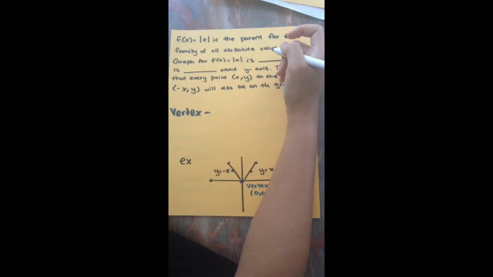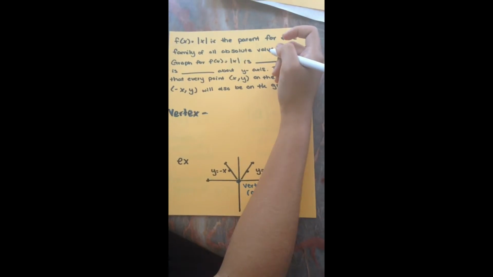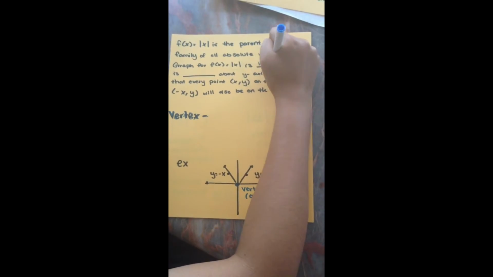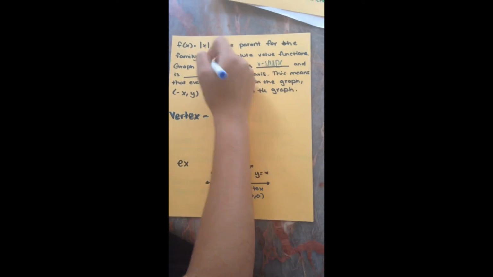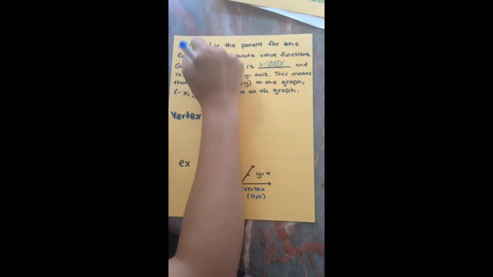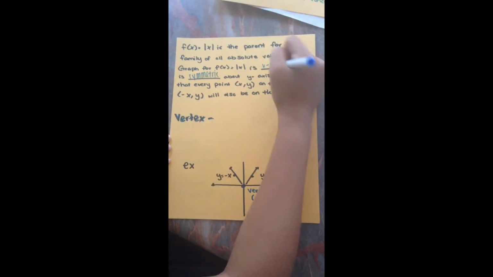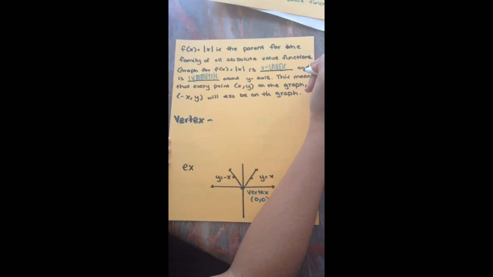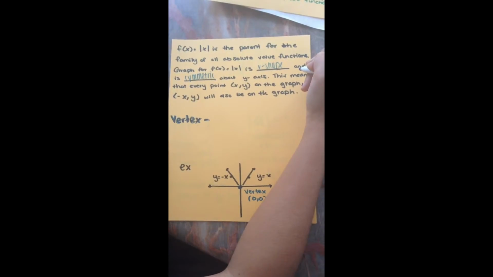The graph for f of x equals absolute value of x is V-shaped and is symmetric about the y-axis. This means that for every point (x, y) on the graph, (negative x, y) will also be on the graph.